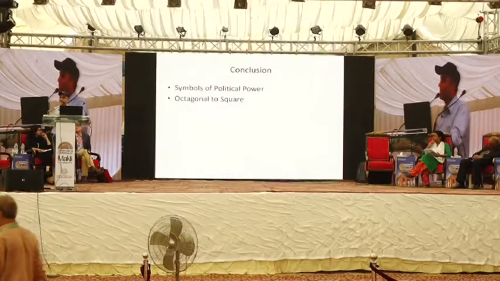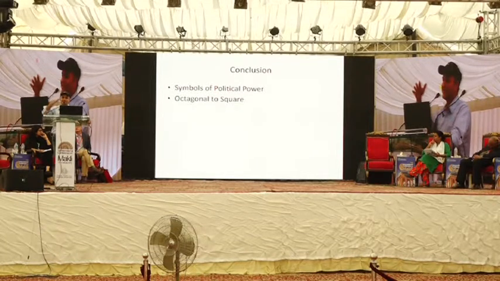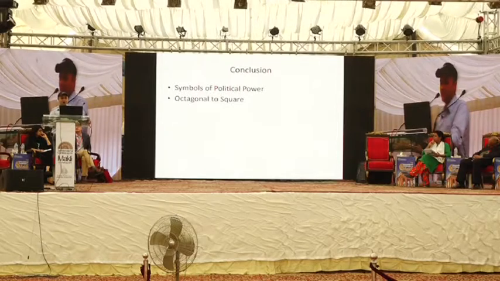So there was a shift from octagonal to square, and in square we have a 4-pillar, then we kept adding more pillars, and from 4 we have 8, 12, and even 16. When we added 16, some were erected at Lako Pir, but this was not a successful effort by the artisans or masons of Thatta.